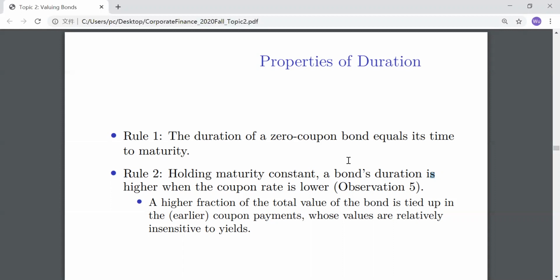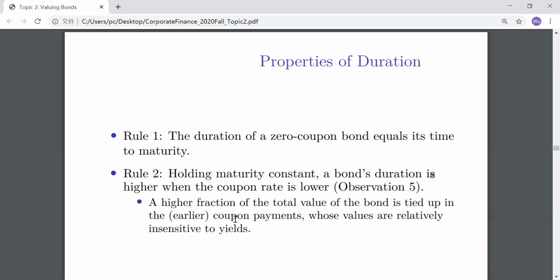Second rule is that holding maturity constant, a bond's duration is higher when the coupon rate is lower, right? This is coming from our observation 5, and also our previous numerical example. Basically, when the coupon rate is lower, bond prices are more sensitive to the change in the yields.